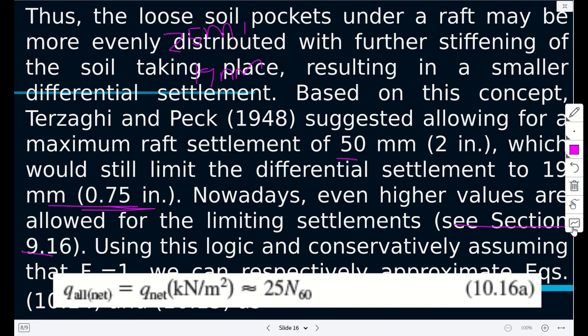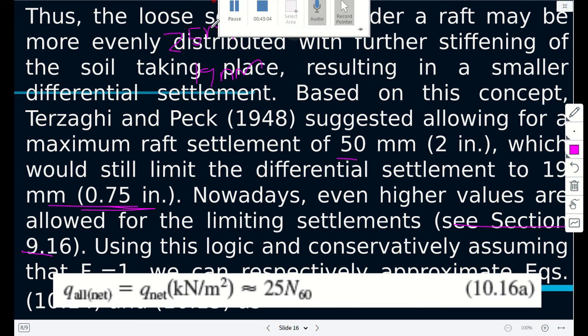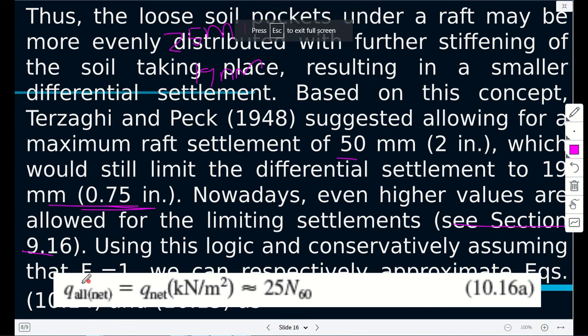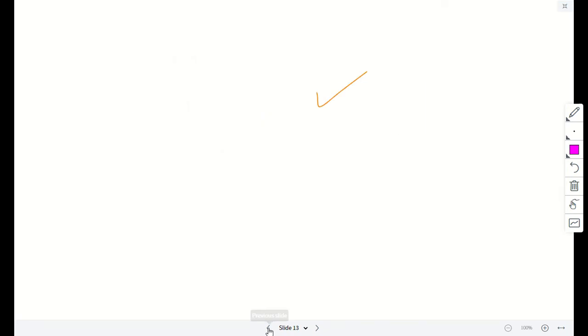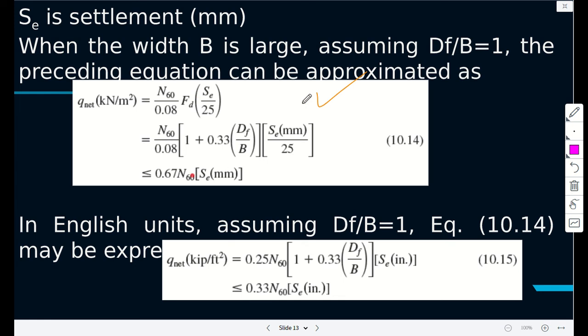Using this logic and conservatively assuming a factor of safety, assuming FD is 1, we can approximate using these previous equations.